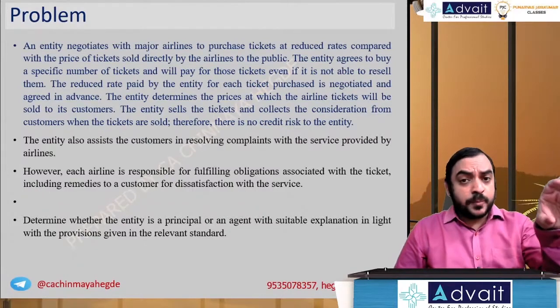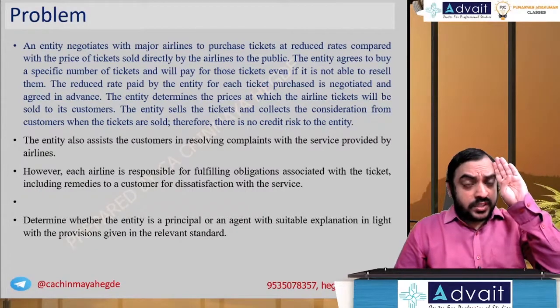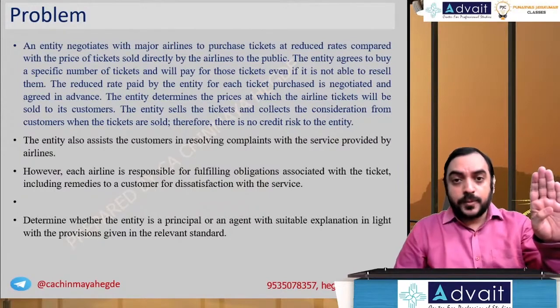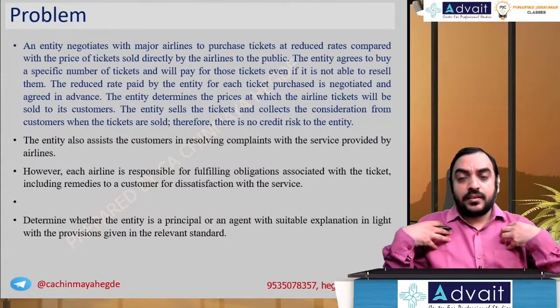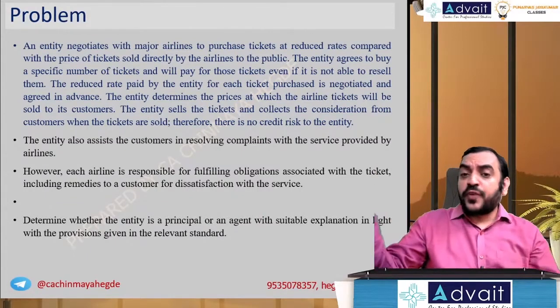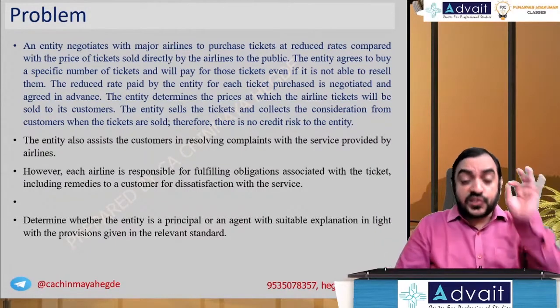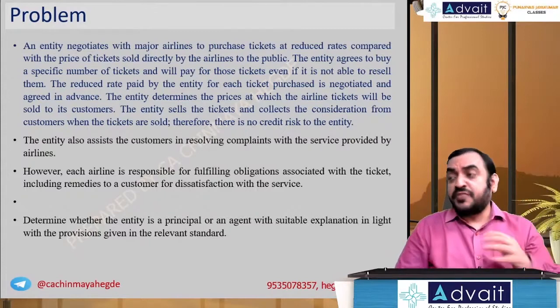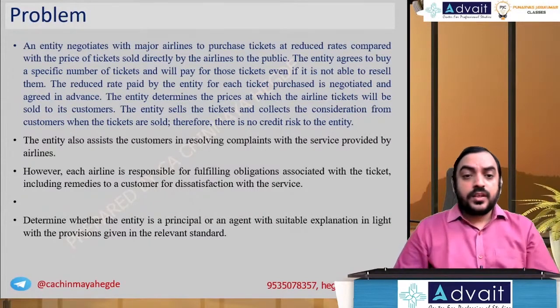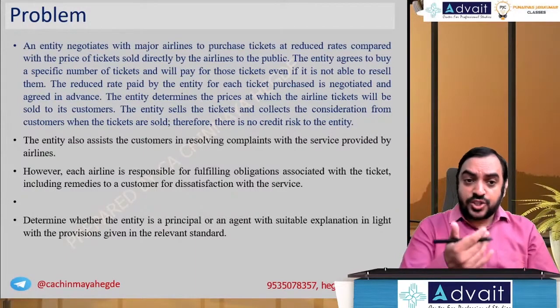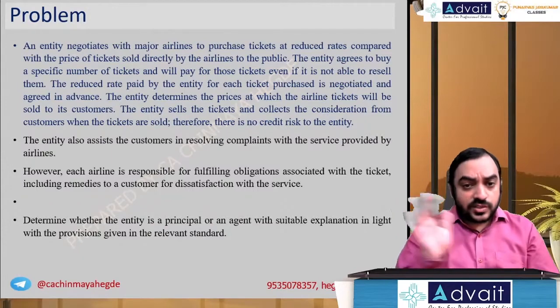In the sense, I am purchasing the airline tickets at a cheaper price. I am telling them I am minimum purchasing 1,000 units, for example, and I am selling it to other people. I am like a mediator. But if I am not able to find 1,000 people, I still pay for 1,000 units. If I am not able to sell, I will pay the guaranteed amount. The reduced rate paid by the entity for each ticket purchased is negotiated and agreed in advance.